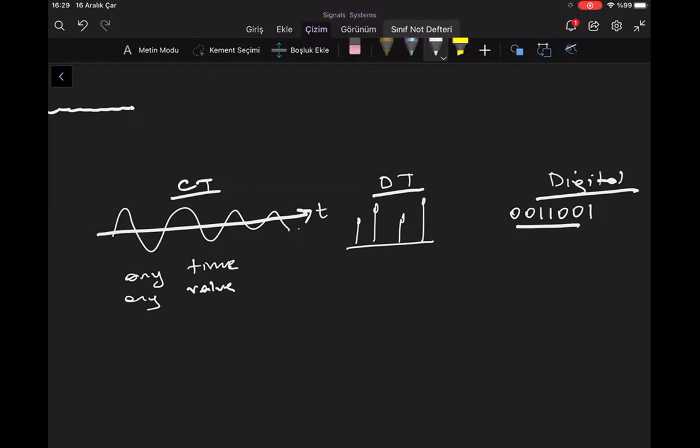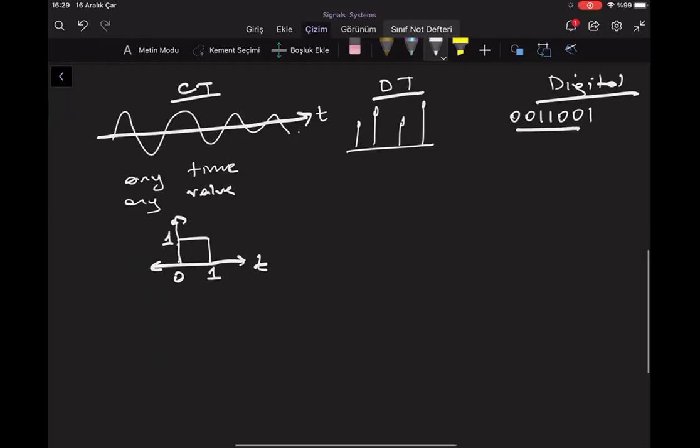Yes. How about if I have only this pulse for 1 second? 1 volt, 1 second. Hocam, can we relate it to offline analysis? Like anytime, any value? Anytime, any value. So is it possible for me to say 0.0125?